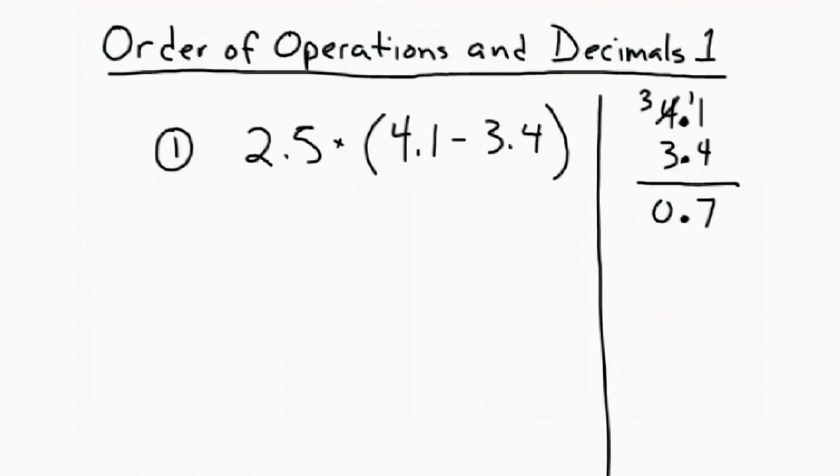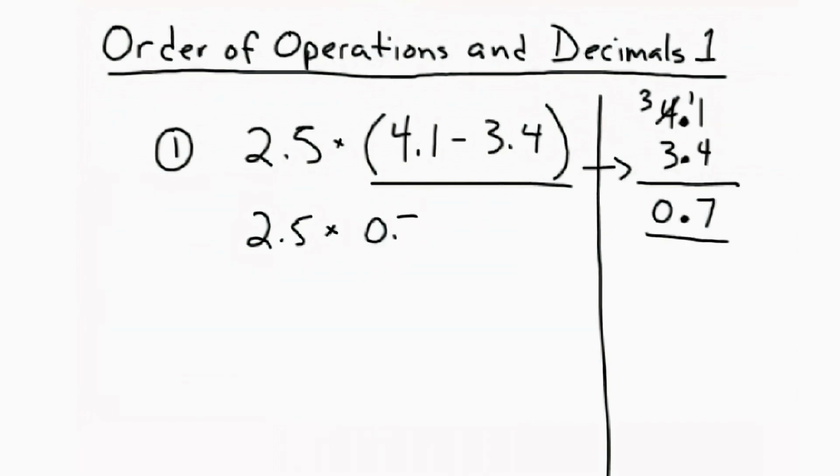So what I'm going to do now is, just so you can follow, 2.5 times, and now this bracket, when I did it over here, was equal to 0.7. And now 2.5 times 0.7, and we simply multiply here.